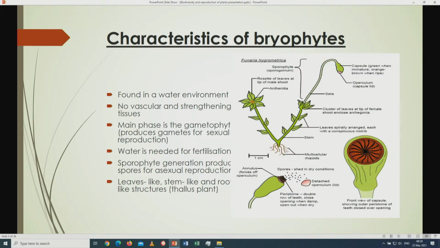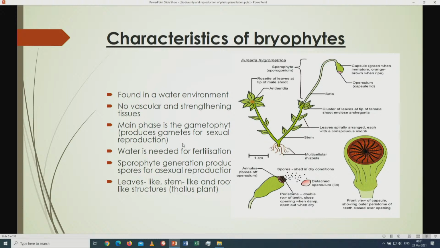They produce the sperms. And then here we have a female leaf-like structure. Here at the top, it produces the archegonia, which produce the eggs.